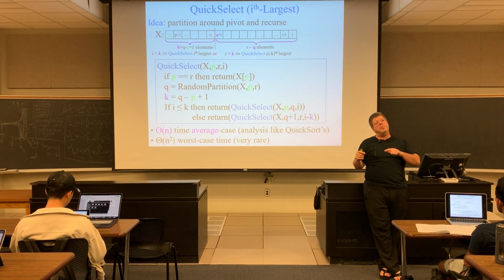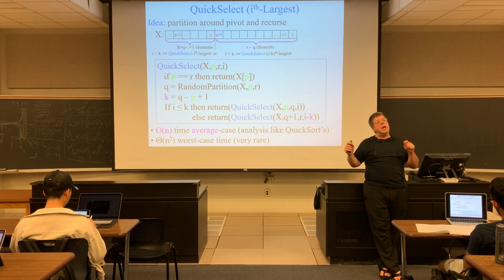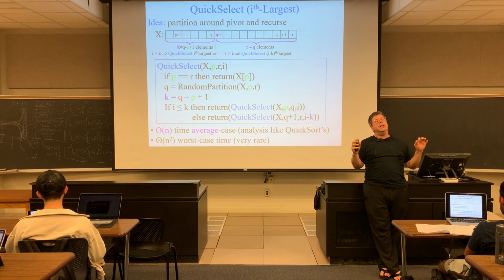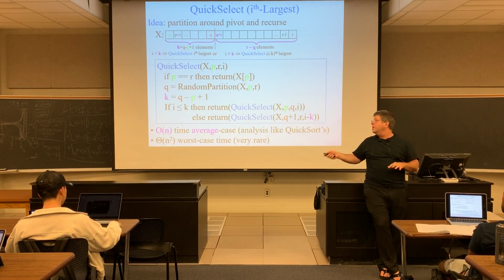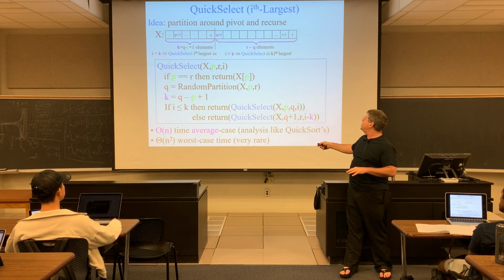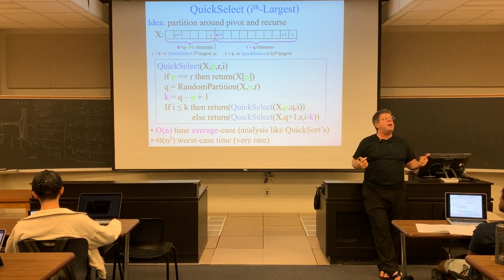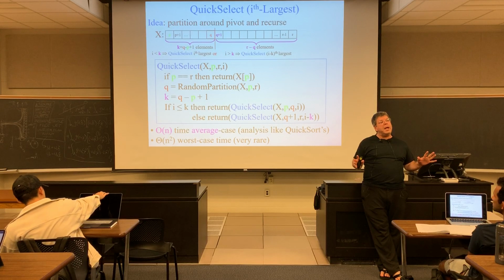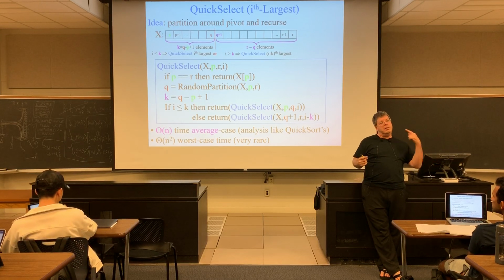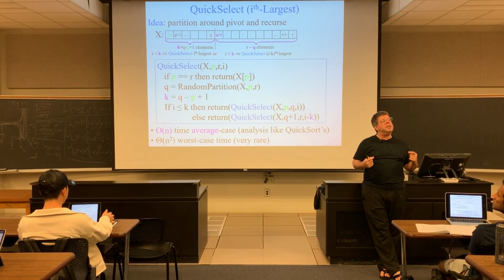Everything to the left of the pivot is smaller than the pivot element, and everything to the right of the pivot is larger than the pivot element. That's the pseudo-order that the partition function that we're calling right here, the random partition, gives us back. It rearranges the array. But the point is, it's not sorting the entire array, it just rearranges it to preserve that property with respect to the pivot.